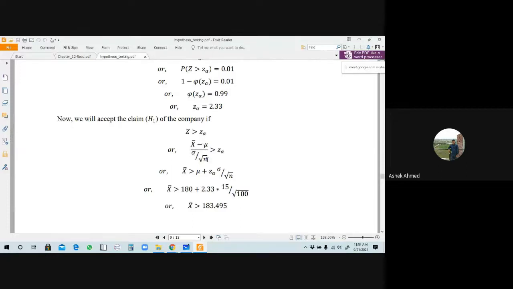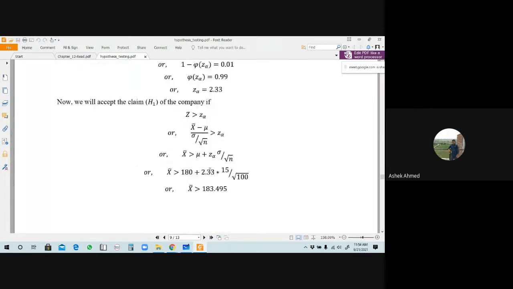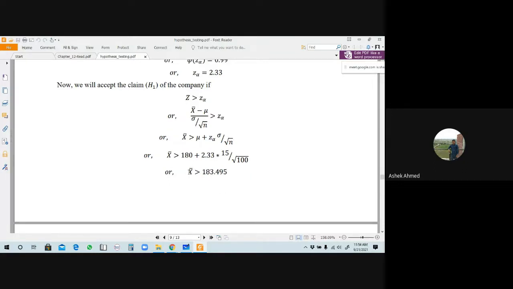From here we can evaluate the value of x bar. The value of n is here 100, which we know. Sigma is 15, then just putting in the alpha value, we will get an interval that x bar is greater than 183.495.